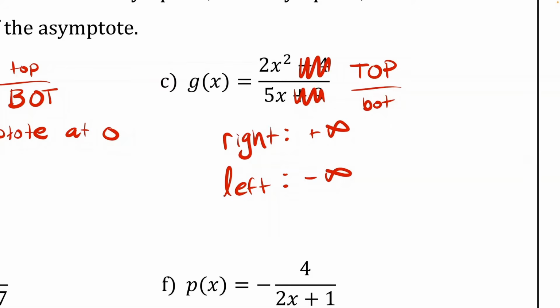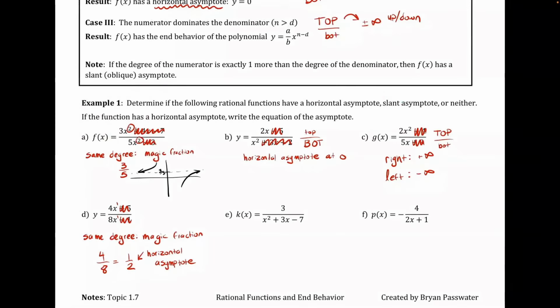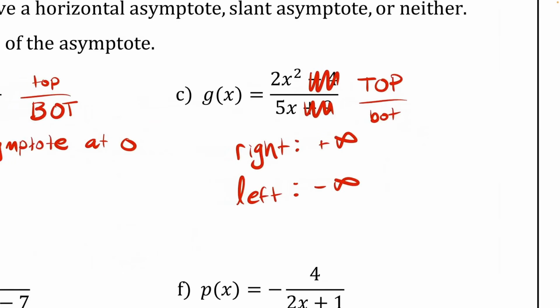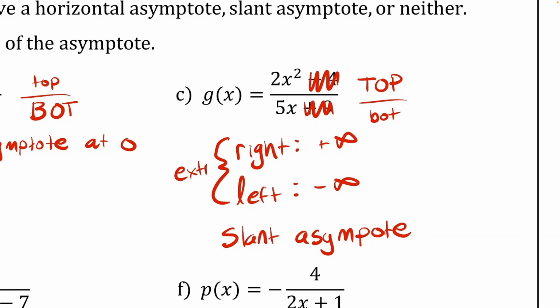What else do you notice about C for my extra note here? What was I talking about in that extra note? It's slanted. It is a slant. Why? Because it's 1 degree over. Do we have to write the right and left every time? This is extra that we would like to know.